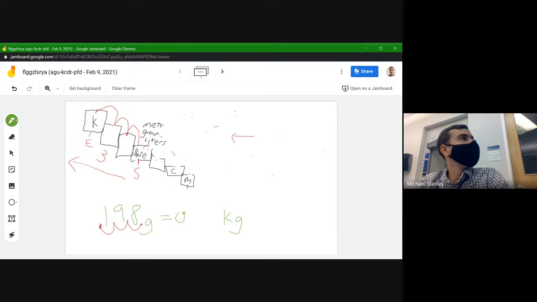Exactly. 0.198 kilograms. So our decimal point started right here, but it jumped 3 spaces to the left and ended up here in front of the 1. So 198 grams is equal to 0.198 kilograms.